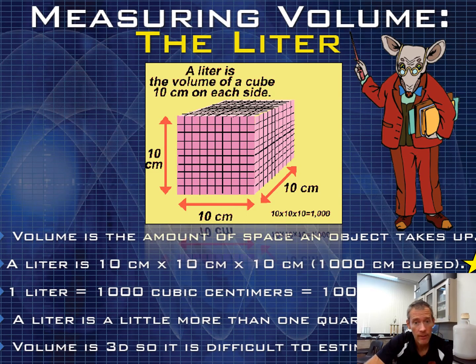If you have a 10 by 10 by 10 centimeter cube, that is equivalent to a liter. 10 times 10 times 10 is 1,000. 1,000 cubic centimeters is the same thing as 1,000 milliliters, which is the same thing as 1 liter. And a liter is a little bit more than a quart.